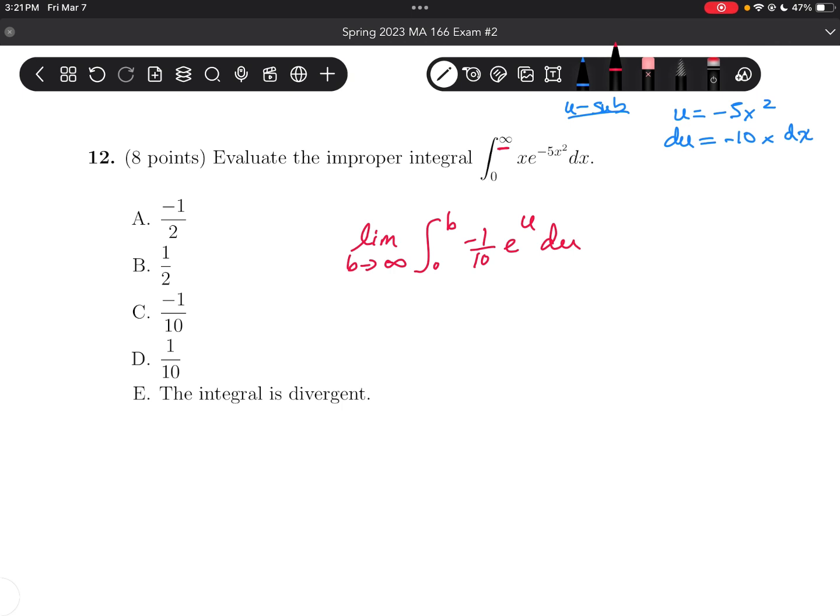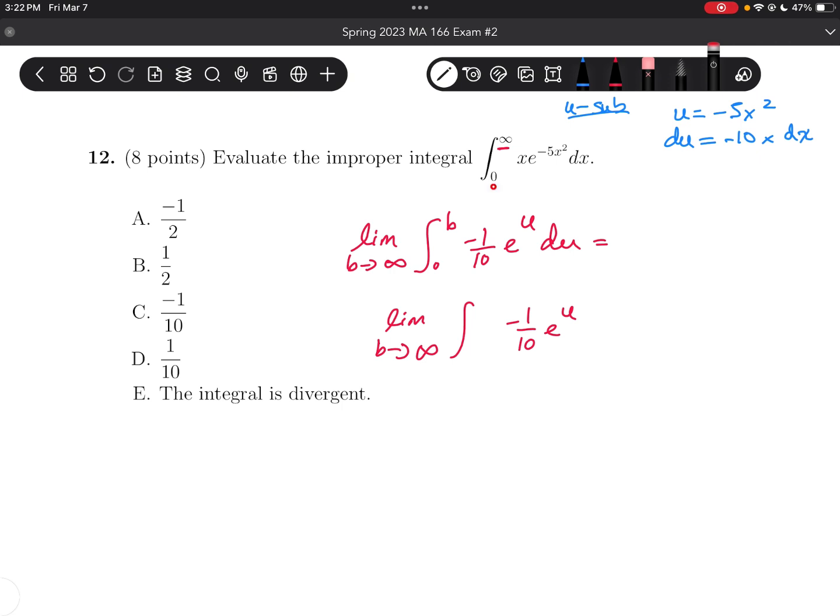And now I just have a constant times e to the power of u. That's very easy to find the antiderivative of. The antiderivative is simply e to the power of u. And you'll notice that I didn't write in my lower and upper bounds yet.